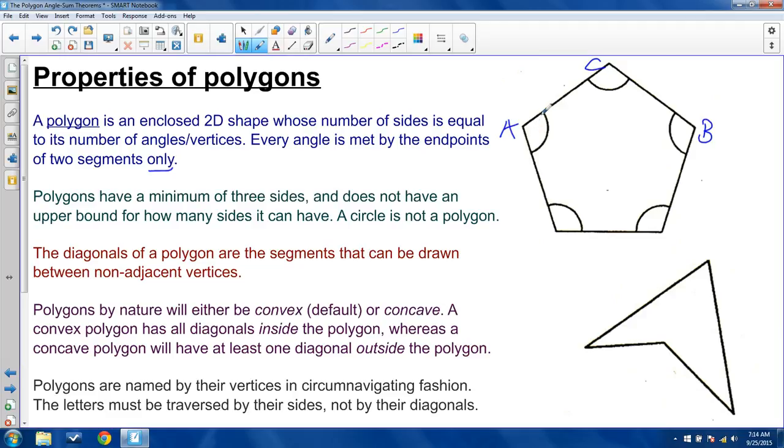If I wanted to talk about polygon ACBDE, and I wanted to talk about angle ACB, I better have drawn it in such a way that A connects to C and connects to B. If I said polygon ABCDE, and then I wrote it like this, and then talked about angle ACB, that wouldn't make any sense if I didn't draw it this way. So that's just kind of the idea behind it there. And like I said, this is the same way, it's just 4 sides instead of 5.